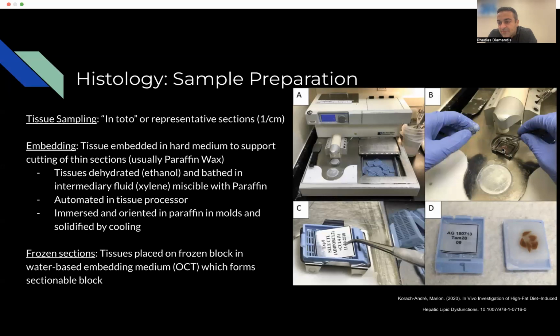The tissue's oriented, and then you have this dispenser here that's going to pour hot liquid wax into the mold. The cassette that has the label is put on top. Additional wax is put here to allow it to stick to the tissue once it's frozen, and you can see this is the final product.